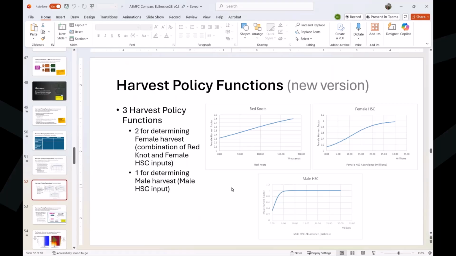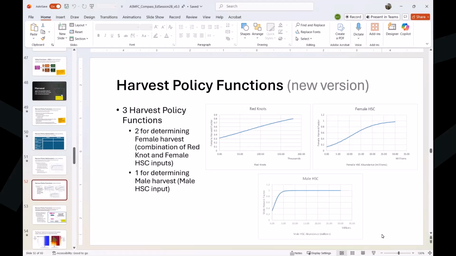And as we talked about in the previous educational session, the abundance of red knots is tied to the abundance of horseshoe crabs through the red knot IPM.